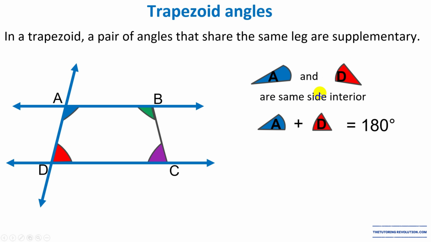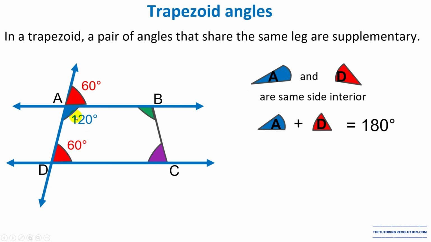Same side interior angles, like A and D, are supplementary, meaning that if we add them, we get 180 degrees. Here we can see, for example, if D is 60 degrees, this angle here will be 60 degrees because it will be the corresponding angle to D. And this blue angle here, angle A, would be 120 degrees because these two are a linear pair.